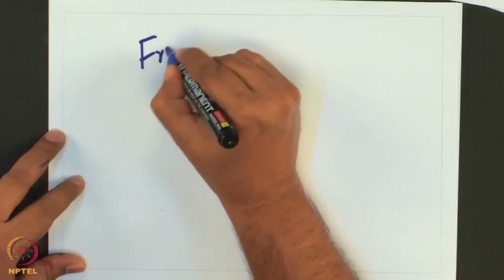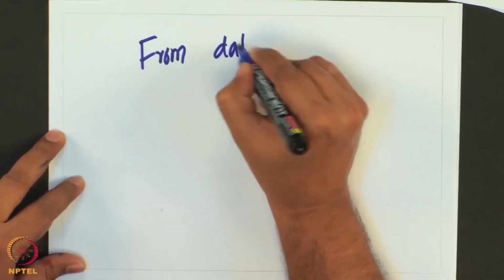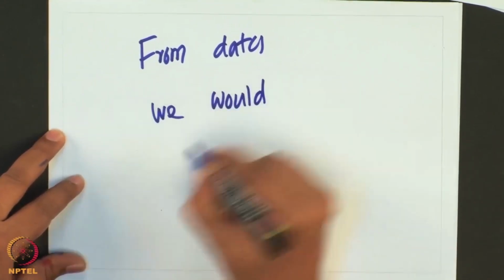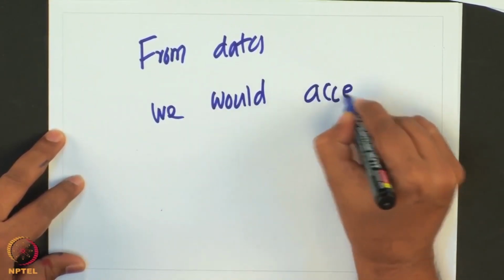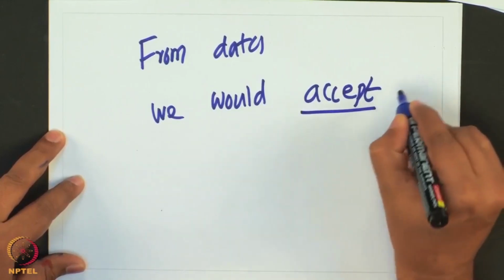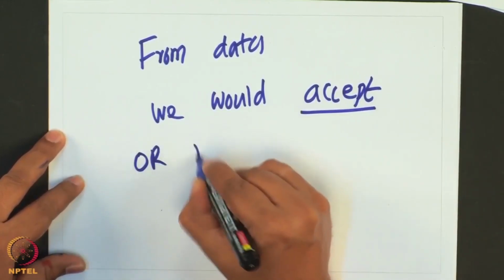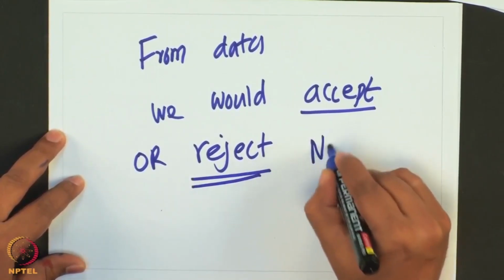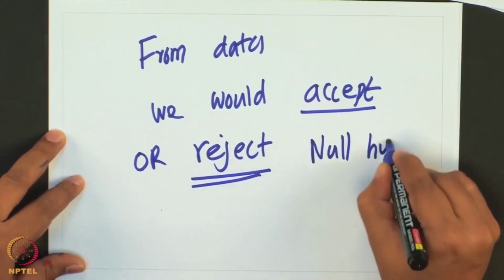So, we would always start with the null hypothesis, and then proceed and either reject or accept the null hypothesis from data. That is what we would do.